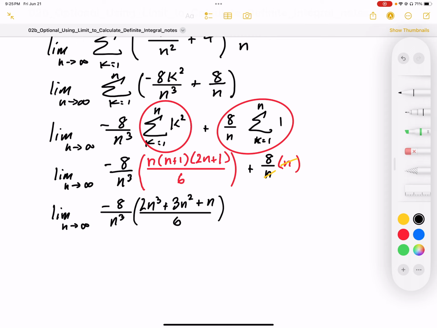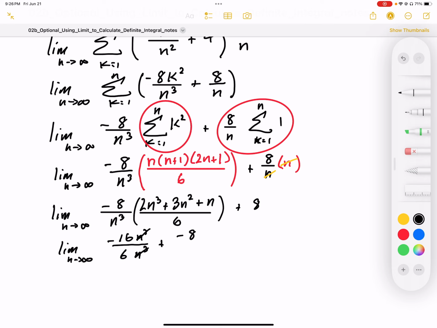Okay, then we can simplify some terms. Plus 8. So the limit as n approaches infinity, I'm going to end up with negative 16n cubed over 6n cubed. So that's going to simplify to negative 8 over 3, plus all these other terms are going to have a larger degree of n in the denominator than in the numerator.